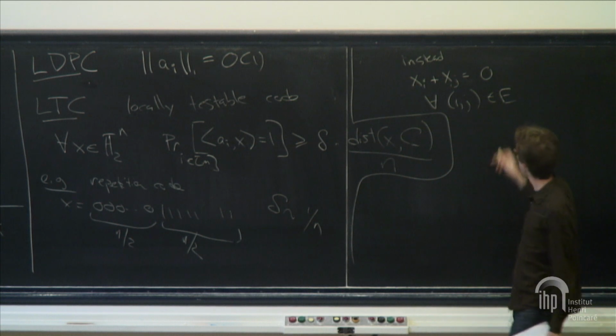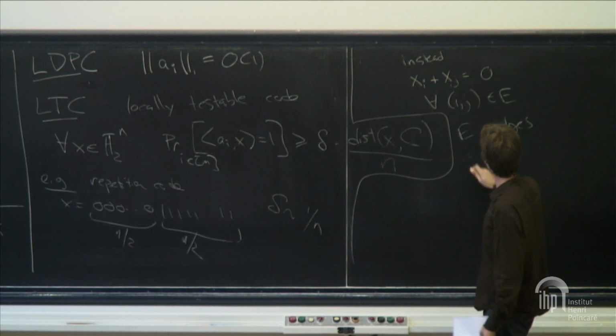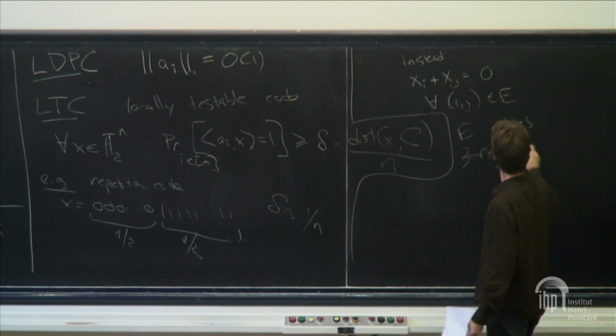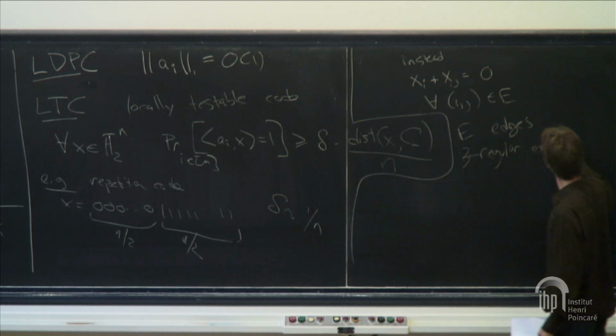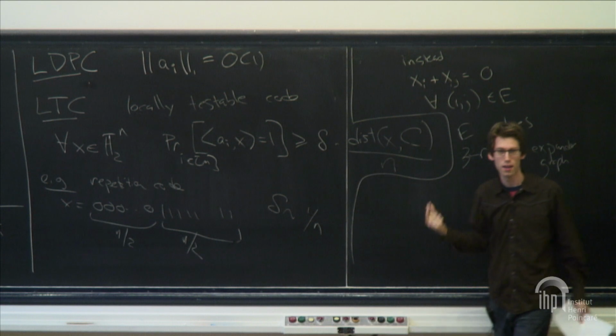Okay, and we'll take this graph to be, let's say, a 3 regular expander graph. So 3 regular means every vertex has degree 3.